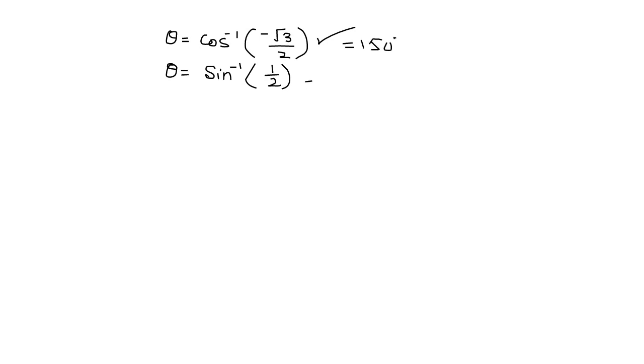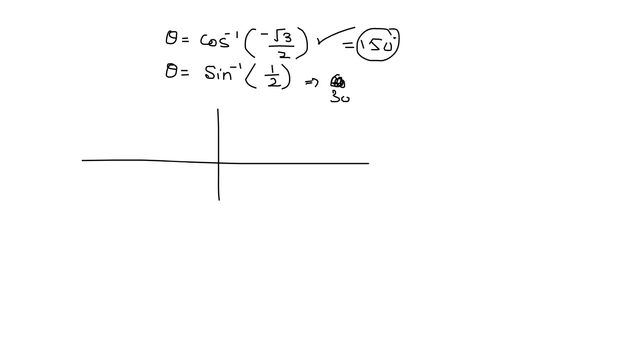But here in this case, you will get 60, I think, or 30. Let me check. It's 60 or 30. 30, yeah, 30. So sine of 30, and you need the cosine is 150.